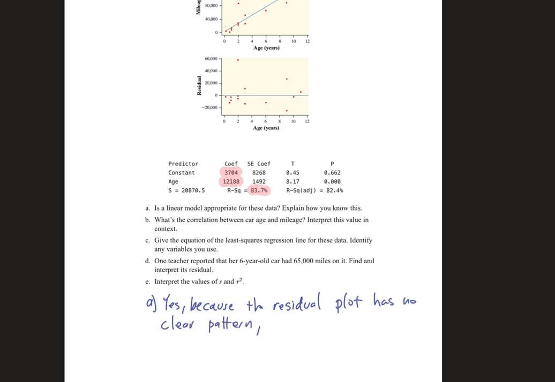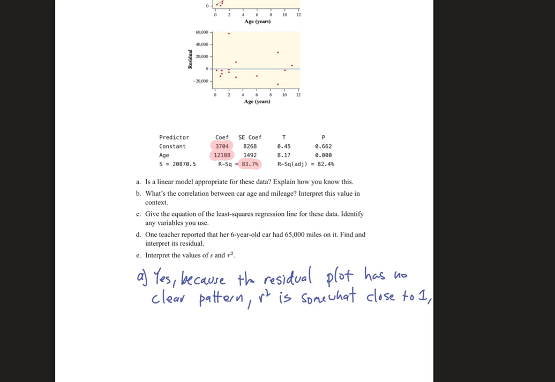And then we'll just mention r squared is somewhat close to 1. And then we can even talk about the original scatter plot. It seems pretty linear.